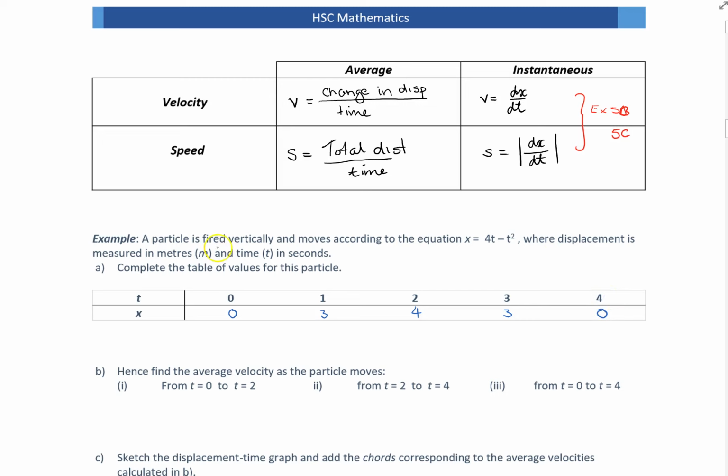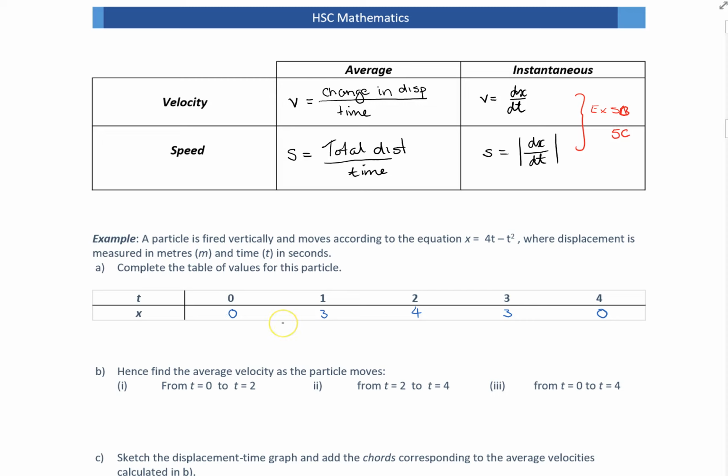So it says a particle is fired vertically, so that means the particle is fired straight up. It moves according to this equation, so we can see that it was at 0. So 0, the reference point, 0, is where the particle was fired from.